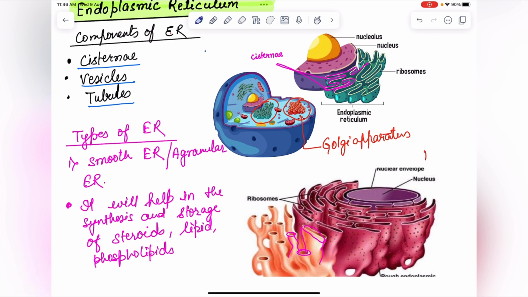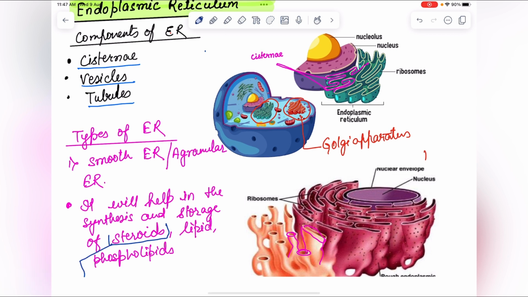phospholipids. What is a steroid? Steroid hormones are cyclical chemical compounds made up of rings of carbon atoms that play an essential role in growth, development, energy, metabolism and reproduction.